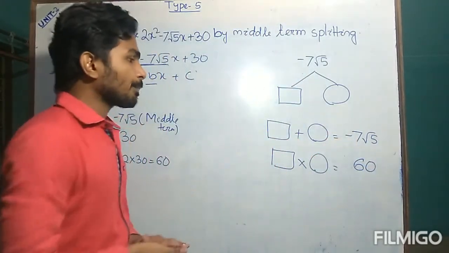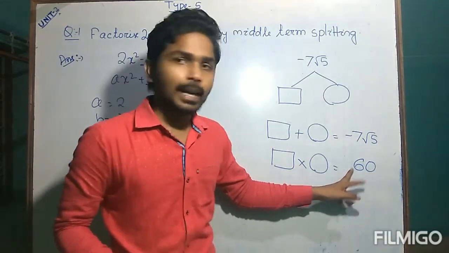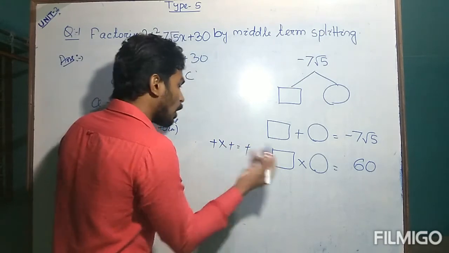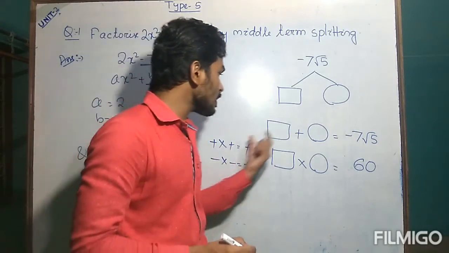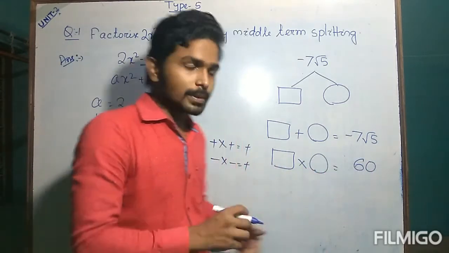Now you can see in the multiplication section when we have a positive sign, that means either plus into plus will be plus or minus into minus will be plus, because whenever two pluses are multiplied it is positive, and two minuses multiplied are also positive.